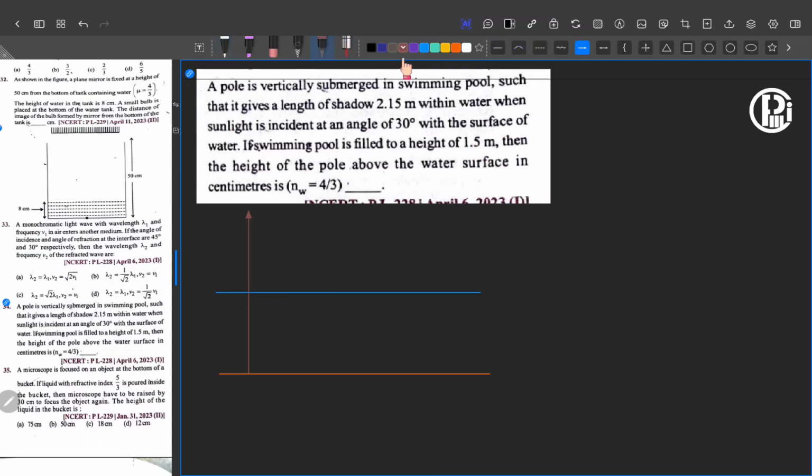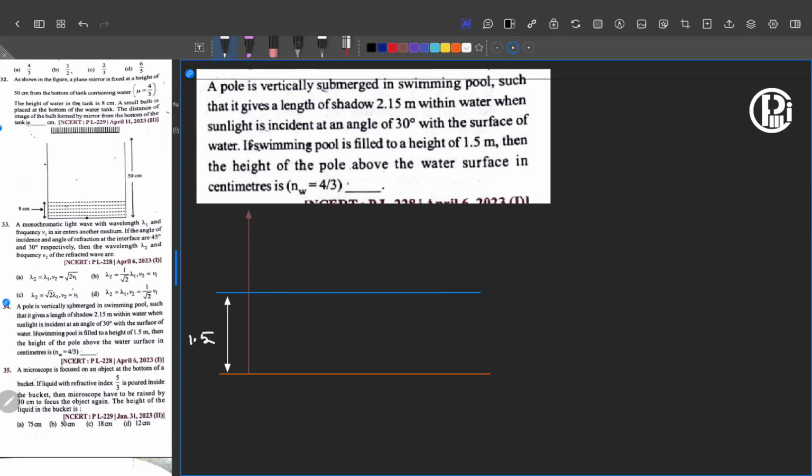Therefore this distance is how much? So this is 1.5 meters. Now we have to find out this extra height in the air, right?